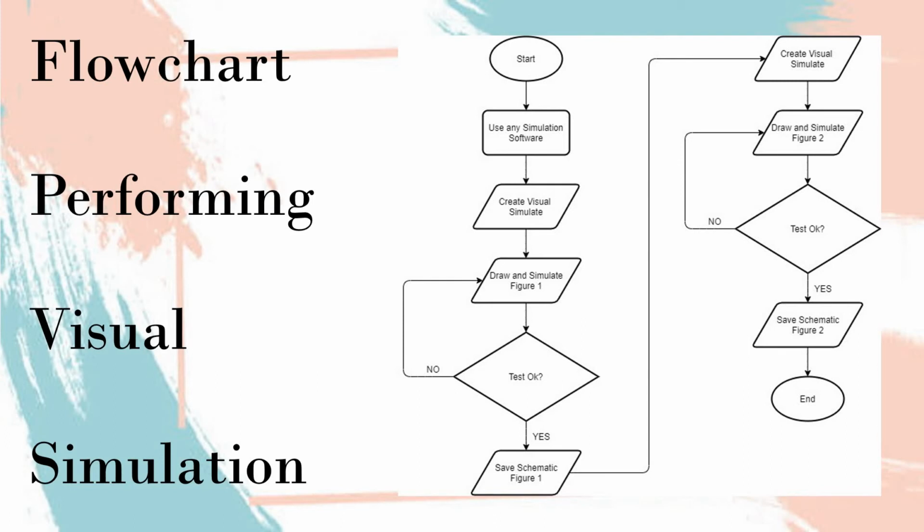If the test is not okay, draw and simulate figure 1 again. If you are done, save schematic figure 1, create visual simulation. Next, draw and simulate figure 2. If the test is okay, save schematic figure 2. If not, draw and simulate figure 2 until done, then save schematic figure 2 and finish.